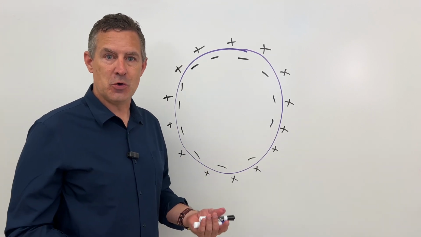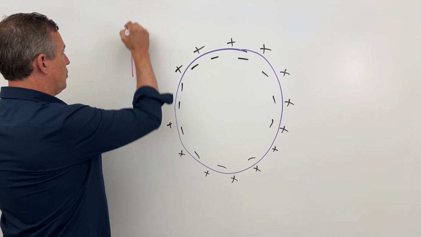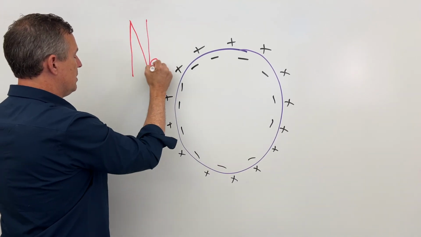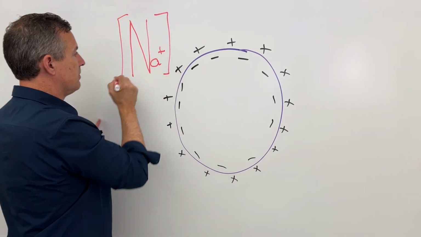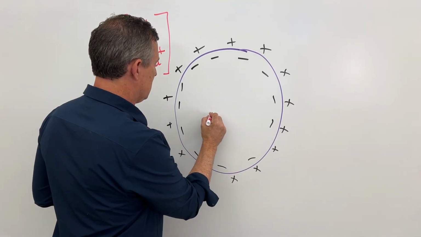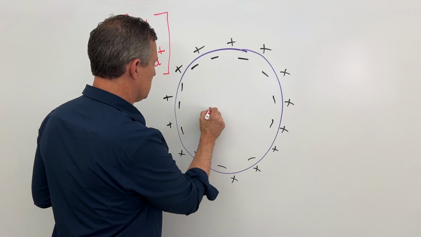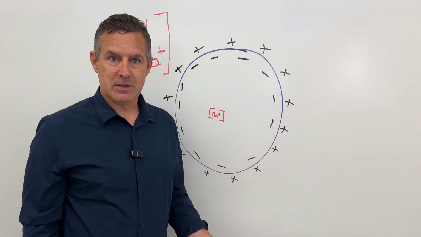If we go back to sodium, we have that super high concentration of sodium outside of the cell and a much lower concentration of sodium inside the cell.